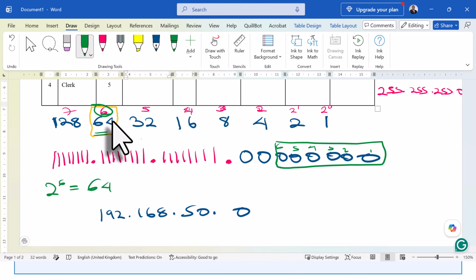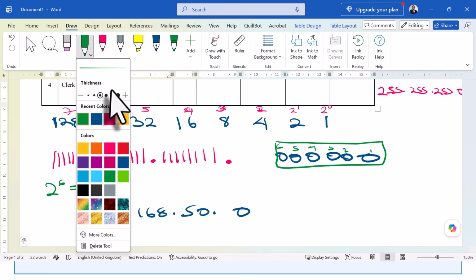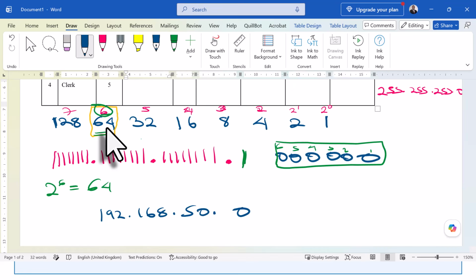So for us to create a subnet, we need to borrow away these bits. We are going to borrow these and give them away to the network portion. And how do we do that? We do that by changing them into ones. So we have given away these, 2 of them.